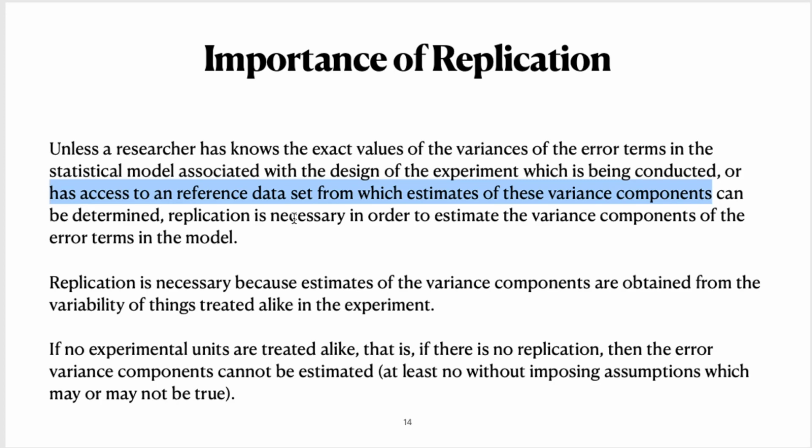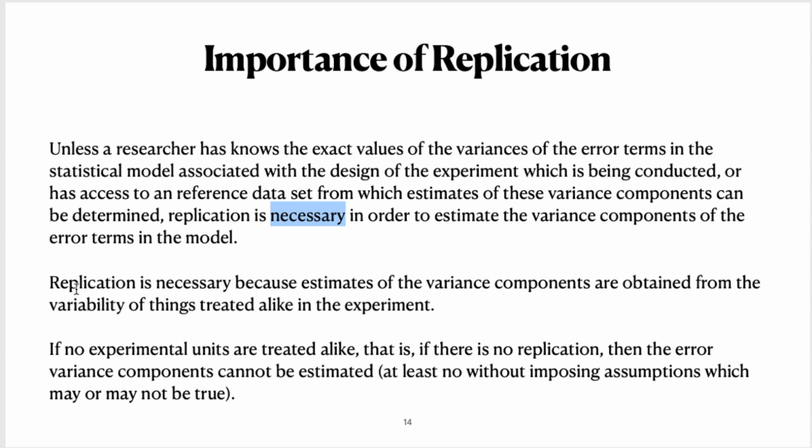Remember, what we're trying to do is to convince people about the results that we come up with. And so we need to think about what would be convincing to those who read about the research. So in the absence of knowing the exact values of the variances, which is never going to happen, and in the absence of having a reliable reference data set, replication will be absolutely necessary in order to estimate the variance components of the error terms in the model.